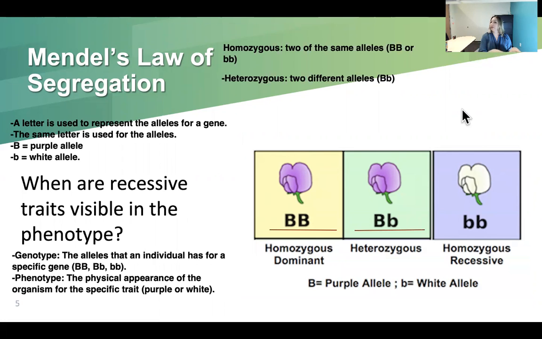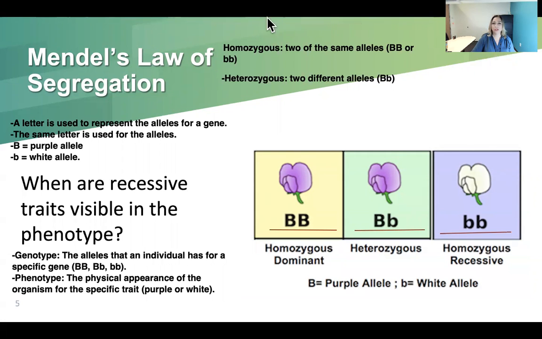It could be homozygous dominant or heterozygous. Now, if I am looking at a white flower, since white is the recessive allele, then I do know the genotype. It has to be little b, little b. So let me elaborate on that here.